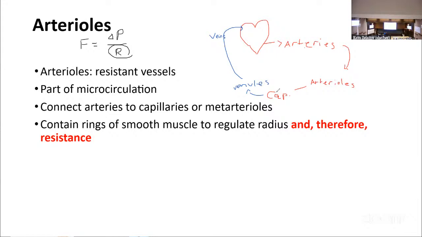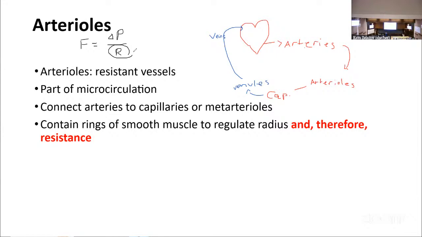Okay. And so a thing about our arterioles that's going to be really important, because we're changing resistance, right? This means that it's going to be really important that arterioles are able to regulate their radii. So we're going to regulate how wide the arterioles are, because that's going to be able to make our resistance higher as our arterioles get smaller.